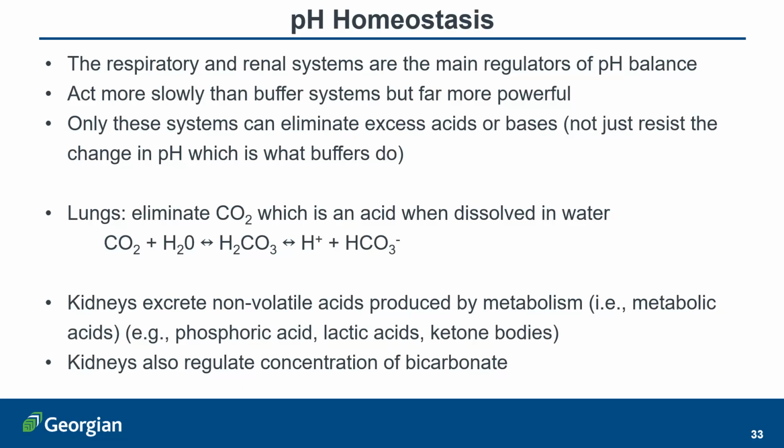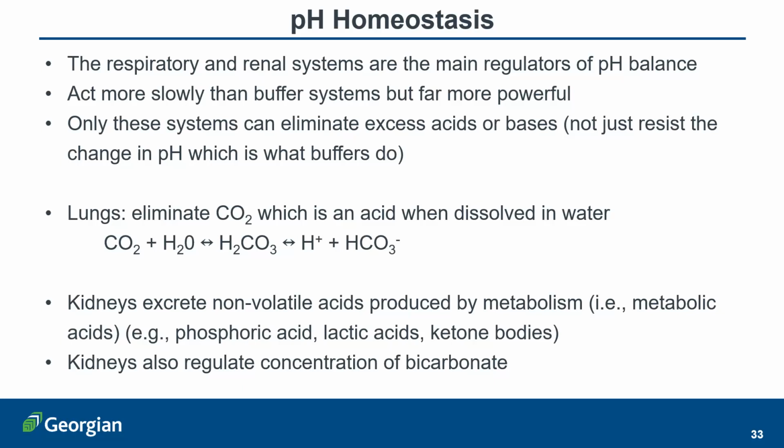CO2 is a volatile acid, and that's why we need to excrete the CO2. The respiratory system is what excretes the volatile acid, which is just CO2. It might seem really trivial, but all the CO2 that we produce has to be excreted. Otherwise, acidity is going to increase and the pH of blood is going to decrease, because we know CO2 is dissolved in blood.